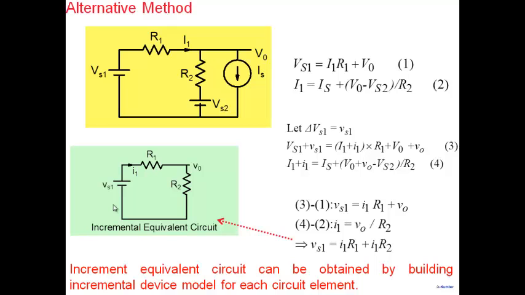So incremental circuit analysis can be done through an incremental device model. How do you obtain an incremental circuit model? By building an incremental model of every element in the circuit. Okay, so we'll stop here and continue from this point.